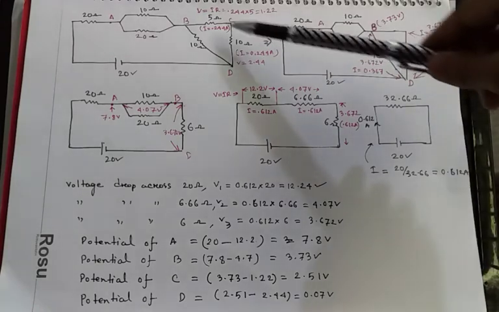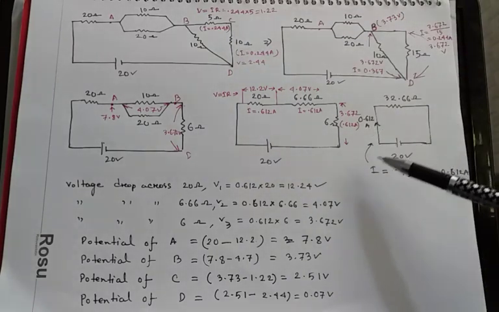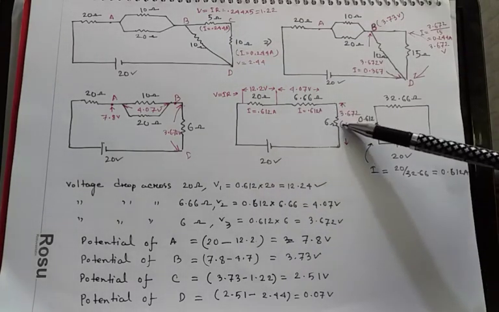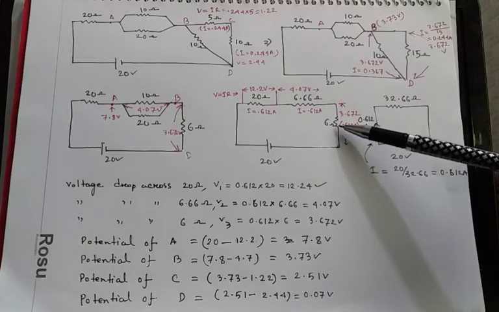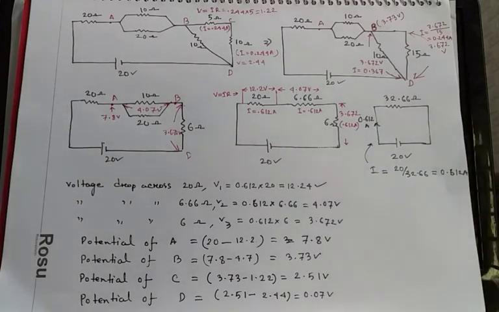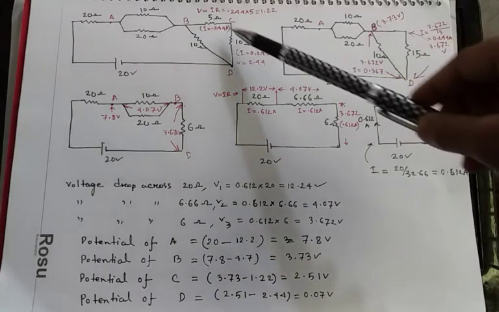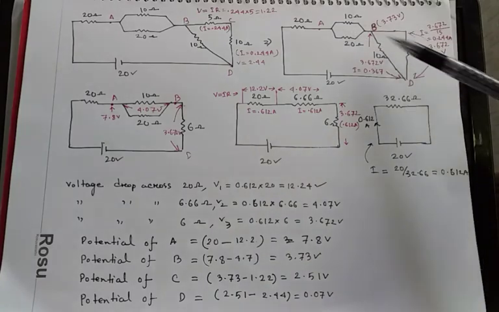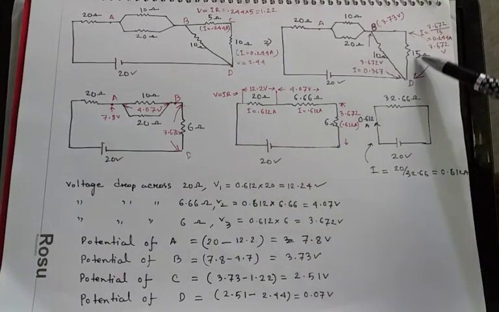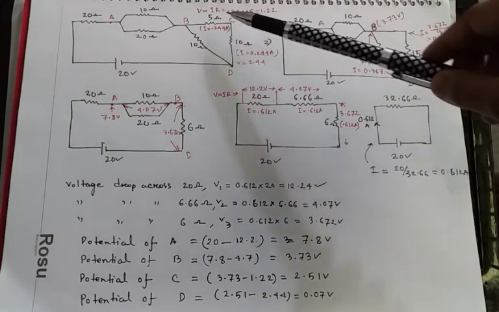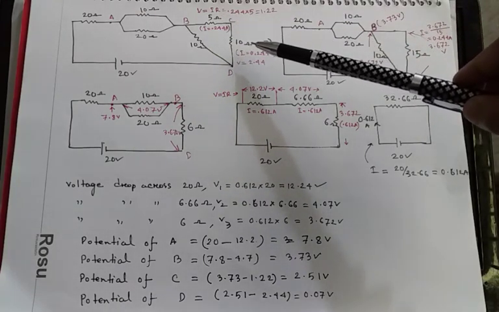So as they are in series, I have told you earlier that for series combination the current will be the same but voltage will be different, and for parallel combination voltage will be the same but current will be different. So as 5 and 10 ohm make 15 ohm and they are in series, the current for 15 ohm will be the current for 5 ohm as well as for 10 ohm.